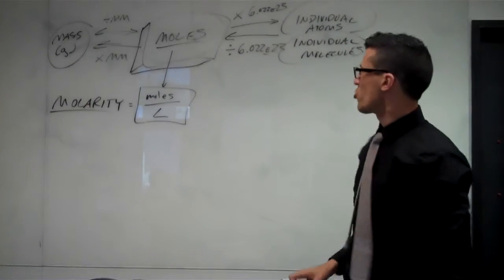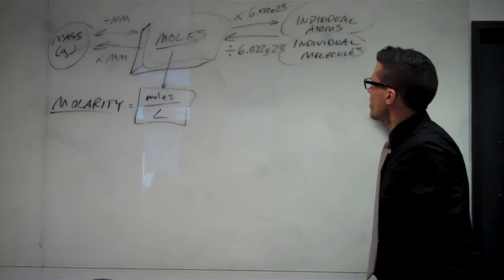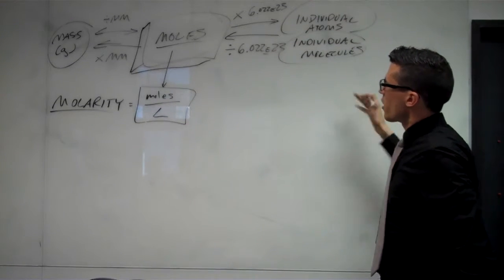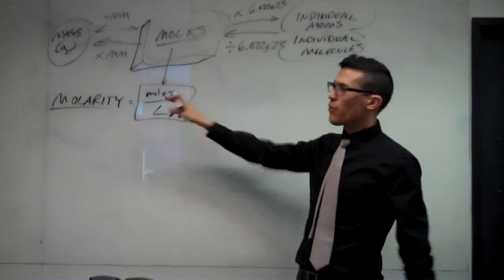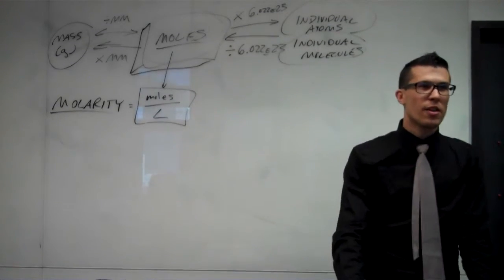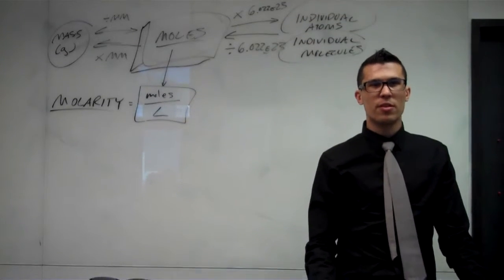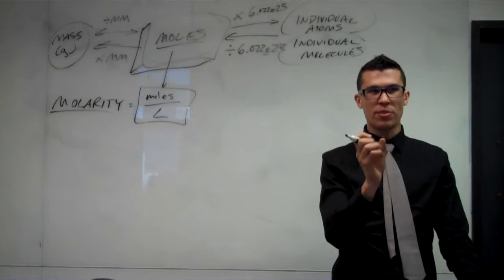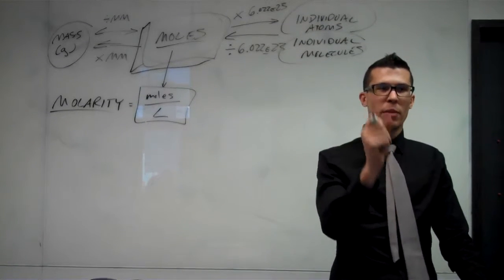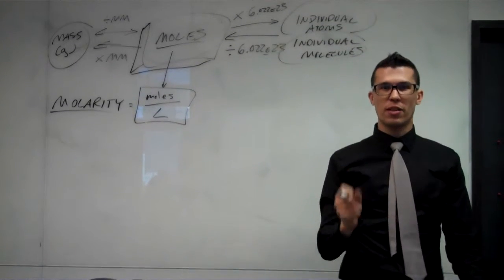Okay, so let's see. What do we do now? Let's give you a problem with molarity then. Except now, I'm going to give you a harder problem than I normally do. This problem, I'm going to start off with grams. I'm going to say, given a certain amount of grams and a certain amount of liters, find out the molarity.